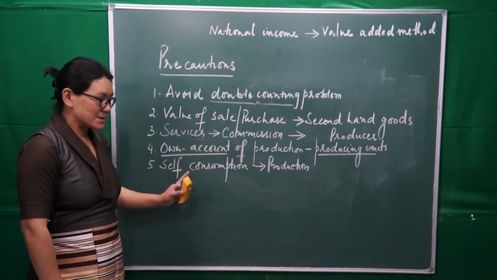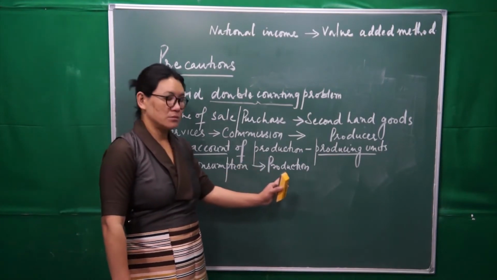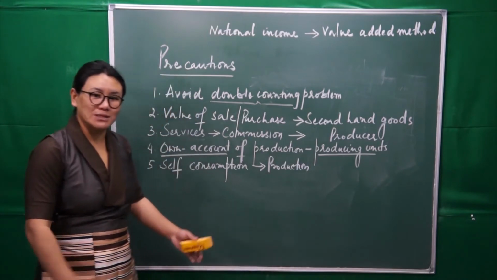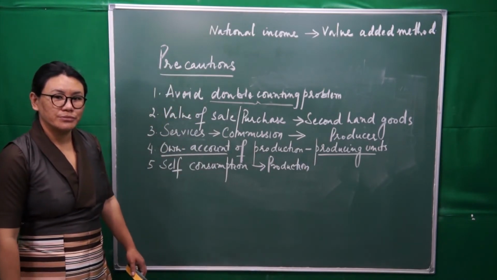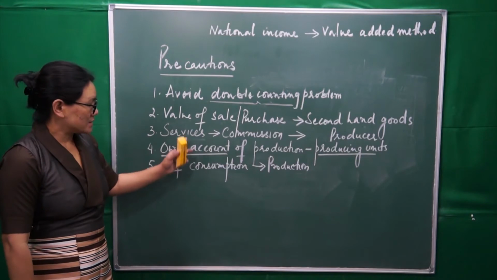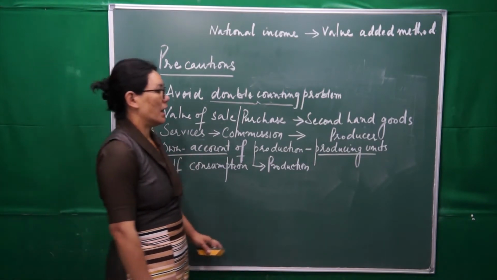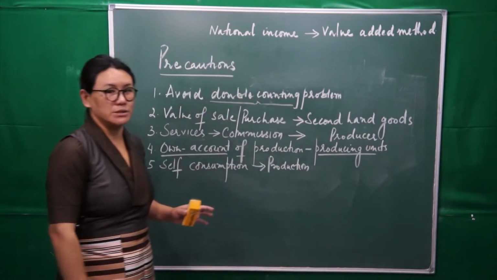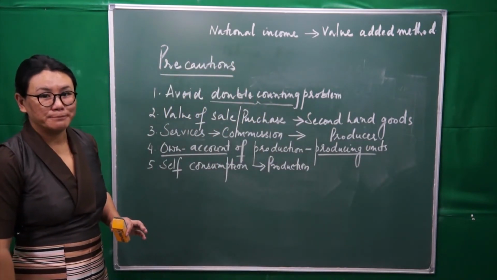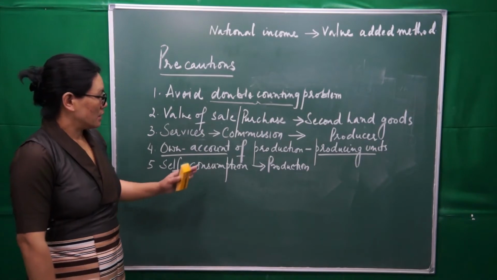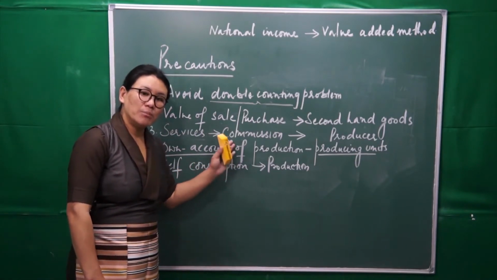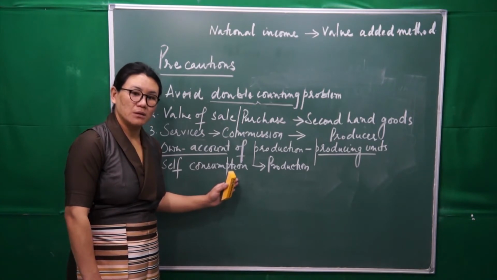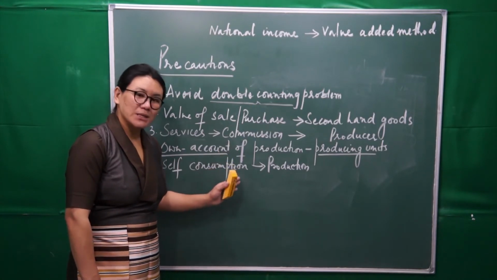And then the next one is self-consumption production. Production is done for what? Self-consumption. Both of these are included in this value added method. Why? Because in both cases, production is taking place.